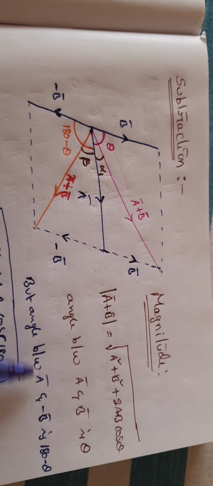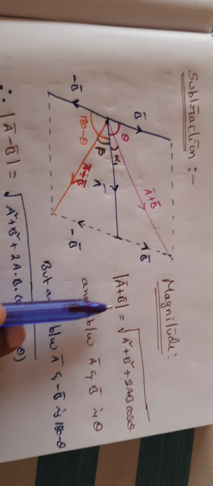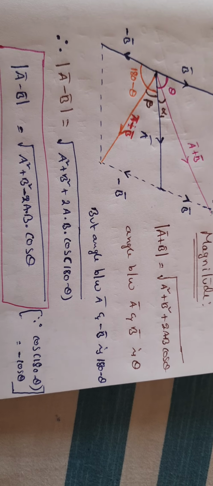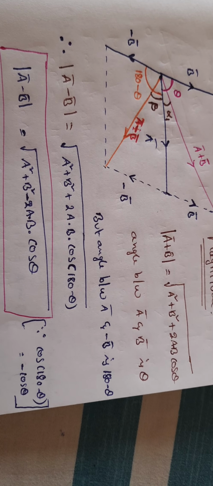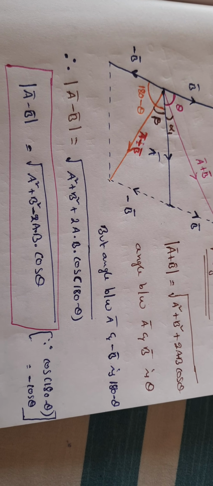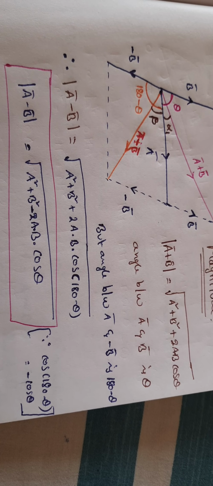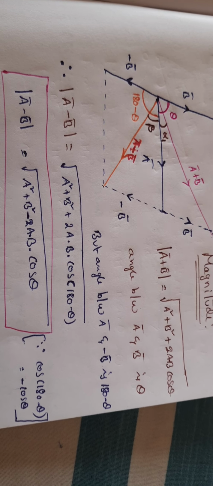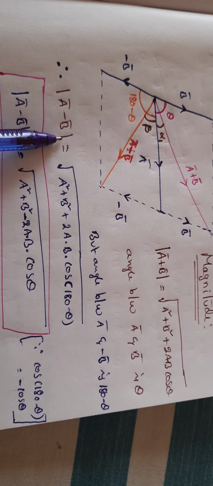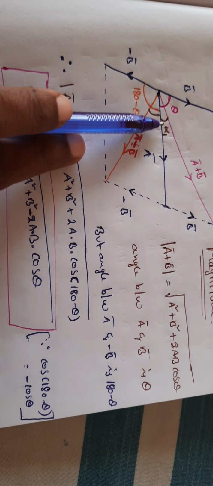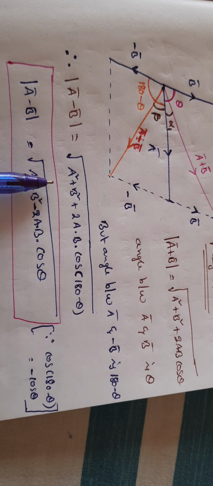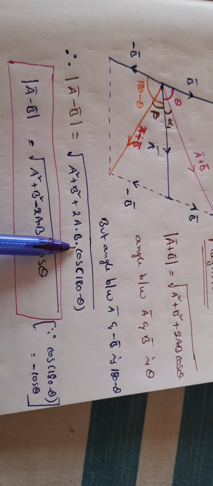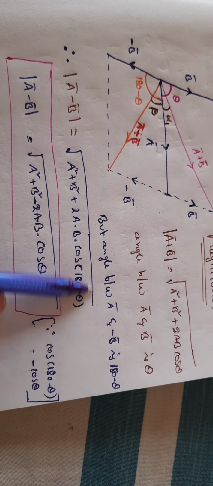So you have modulus of A bar plus B bar is equal to square root of A square plus B square plus 2AB cos theta. Now in place of theta you are going to get 180 minus theta, and in place of mod of A bar plus B bar you are going to get mod of A bar minus B bar. Beautiful concept. Right, so A square plus B square plus 2AB cos of 180 minus theta.